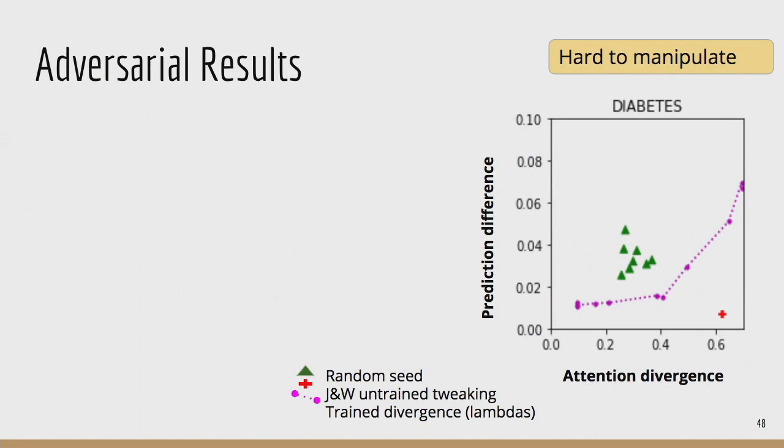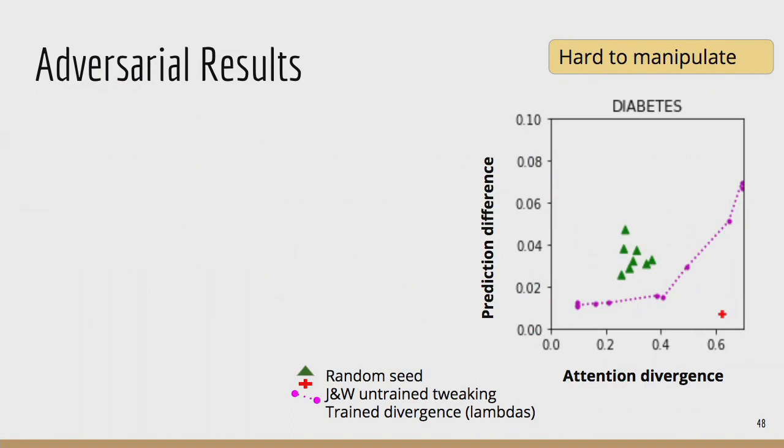And then the purple dots represent the curve of our adversarial models as we vary that lambda parameter. And so we consider this to be the bound on how much prediction difference you lose as you start to diverge the attention distributions. And then the maximum Jensen-Shannon divergence is 0.69, so that would be the right bound on the graph.